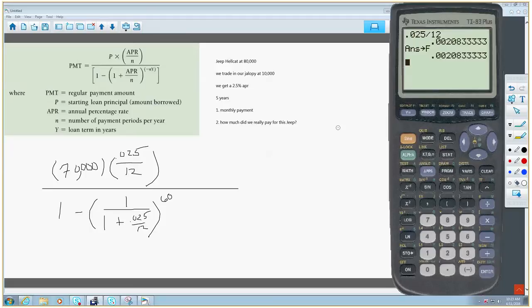Why did I store it as alpha F? Because I don't want to try to memorize it, and I don't want to have to write it twice, because that's a pain. Multiply that by 70,000. I got that number. Is that what y'all got? And store that as alpha N, for numerator.